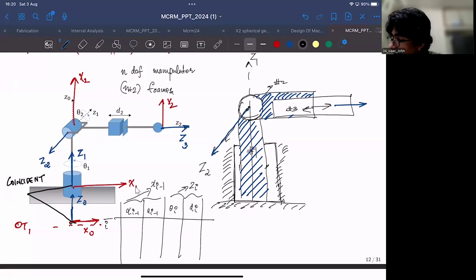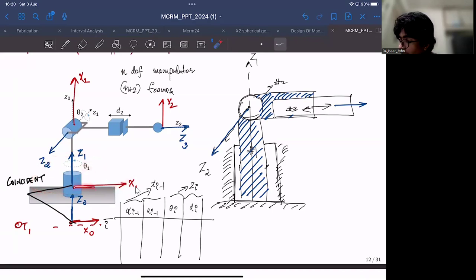Due to the fact that the first frame is mounted on the first link, it is free to rotate, and this Z1 can be anywhere within this plane. It will be defined by this angle theta1.